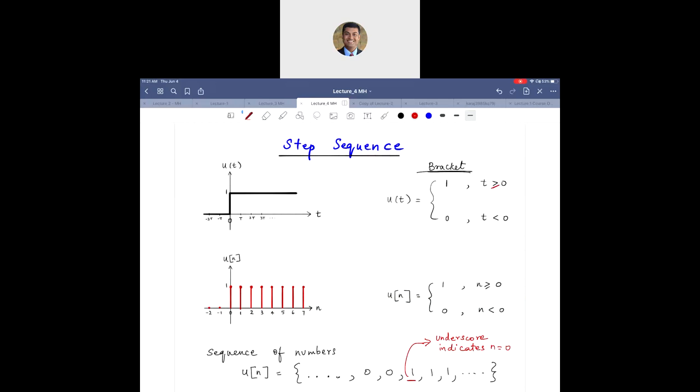However, when you move on to a very strict conversation where you are paying attention to discontinuities, then you no longer put that equal to sign, and you say greater than 0 it is 1, less than 0 it is 0.